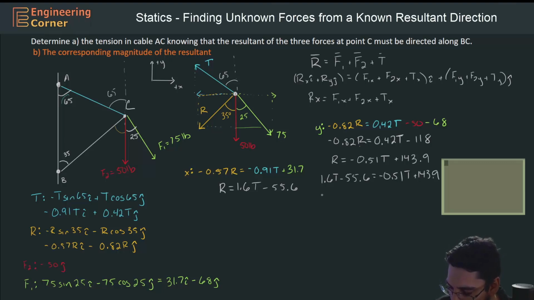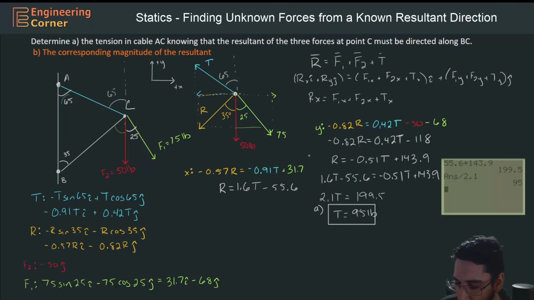So we'll get 2.1t is equal to 55.6 plus 143.9, which is equal to 199.5. So t is going to be equal to 199.5 divided by 2.1. So 95 pounds. So this is part A.